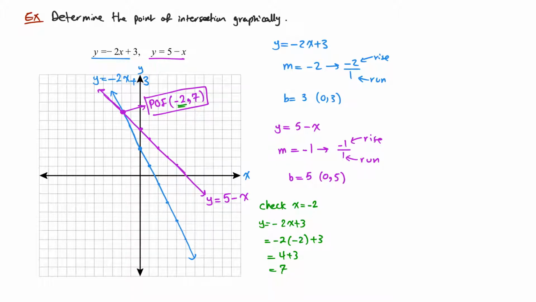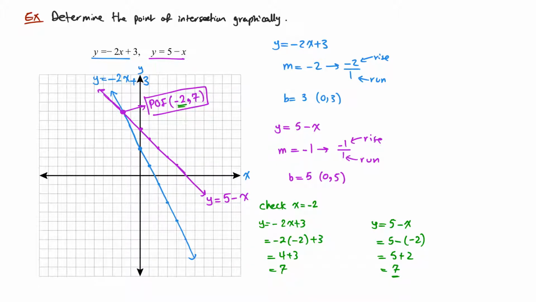So this equation checks out, and my other equation, y is equal to 5 minus x, is equal to 5 minus -2, which is the same as 5 plus 2, because I'm plugging the -2 into here, so this becomes plus, and I get 7.